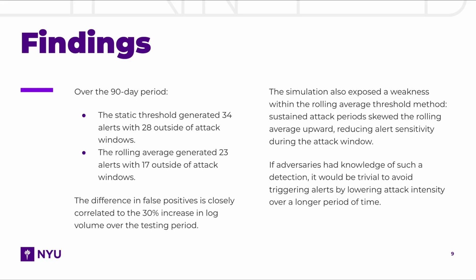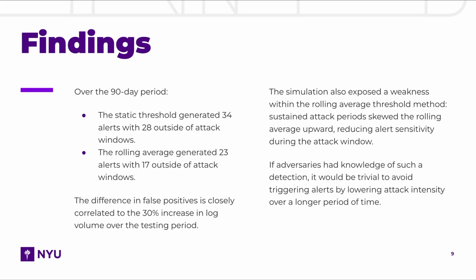But if that environment hadn't increased by 30%, the static threshold would probably be comparable to the rolling threshold, which suggests that maybe the rolling threshold isn't useful in every possible scenario. If you're seeing a really standardized environment, maybe you don't need statistical thresholds. Static thresholds might work.